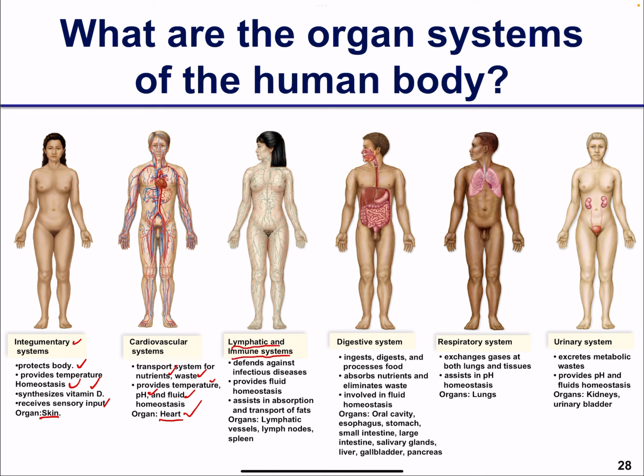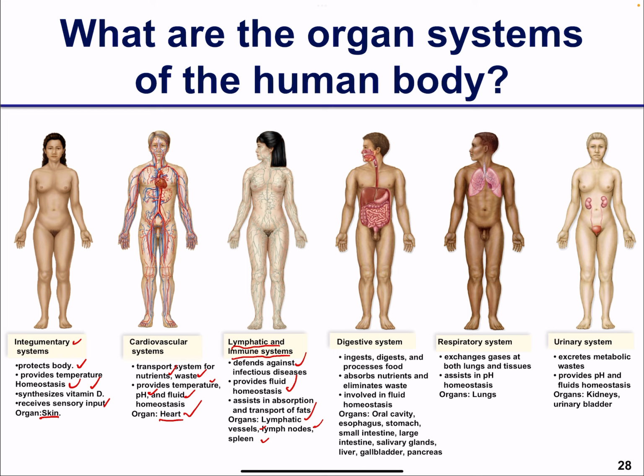The lymphatic system and the immune system, their job is going to be to fight infections and other diseases. It provides homeostasis of fluid, and it's going to be very important in assisting in absorption of some nutrients, including fat. And some organs are going to be the lymphatic vessels, the lymphatic node, and the spleen.